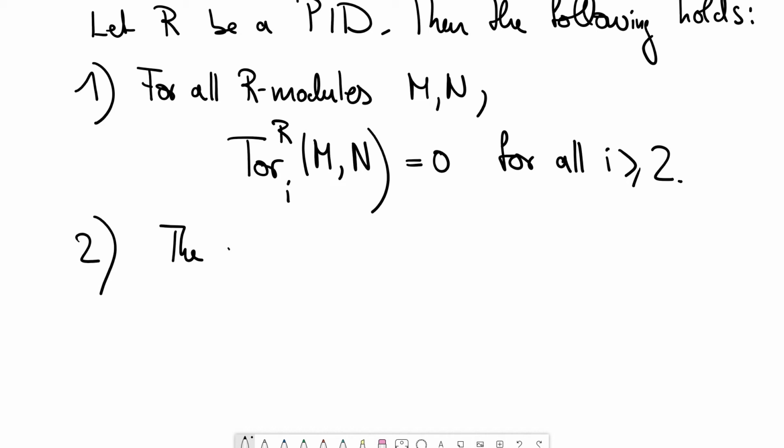Second statement, when you have a principal ideal domain, then you have the inclusion of the torsion submodules into these modules.